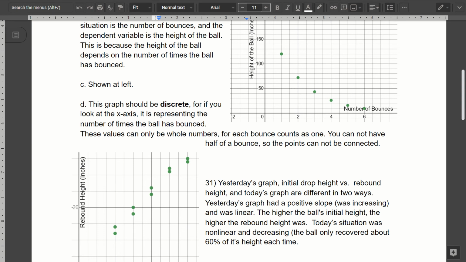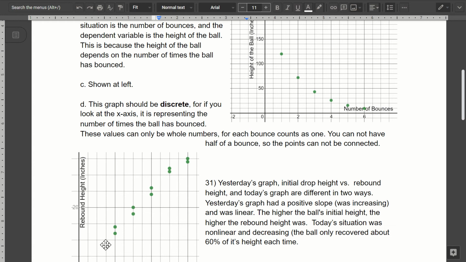Yesterday's graph, and that's not yesterday, but the day before that, was initial drop height versus rebound height, and today's graph is different in two ways. Yesterday's graph had a positive slope, was increasing, and was linear.